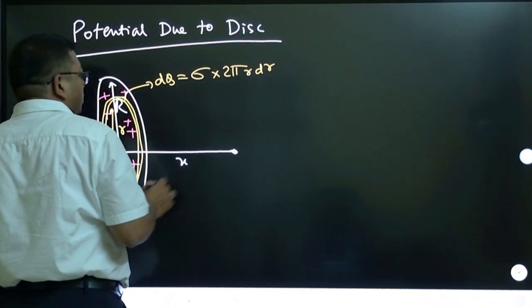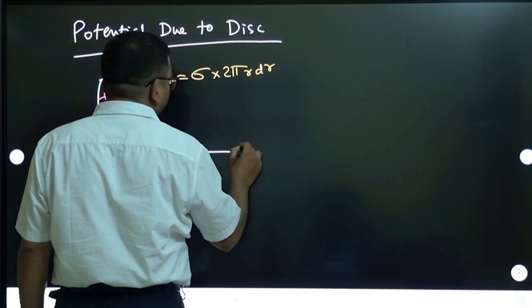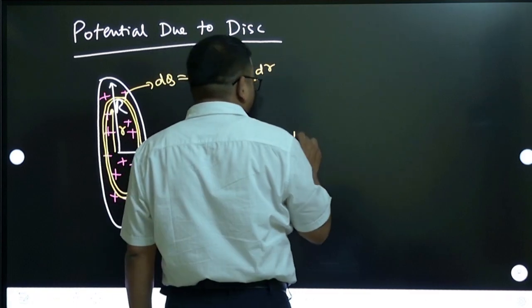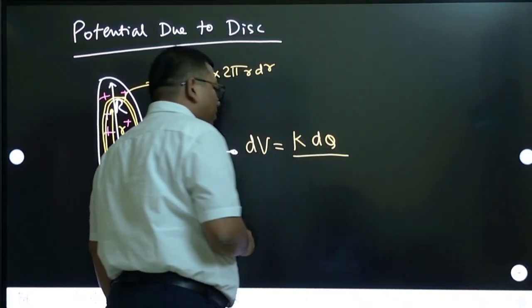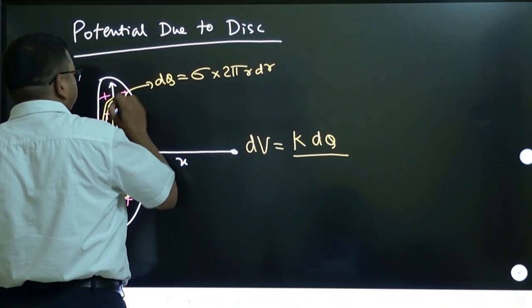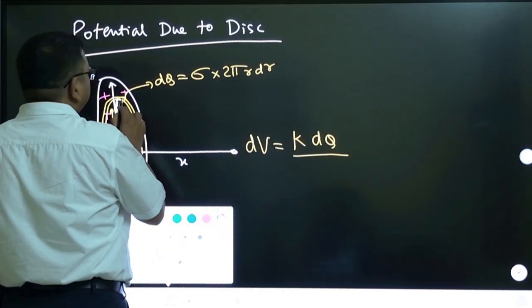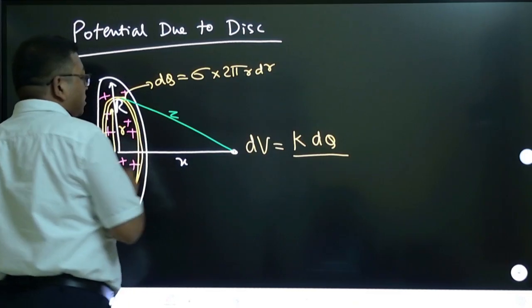Okay. So due to this, what will be the potential for the ring? We have already seen the potential formula. What was it? K dq divided by this distance, which you can say as z.